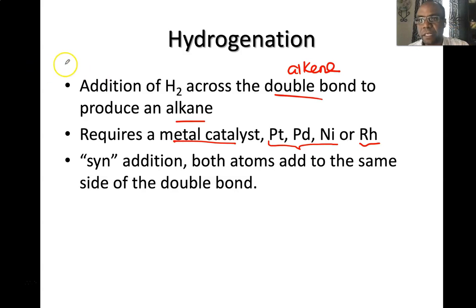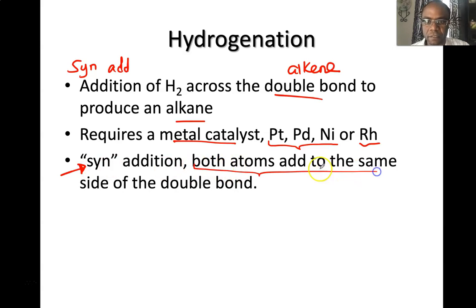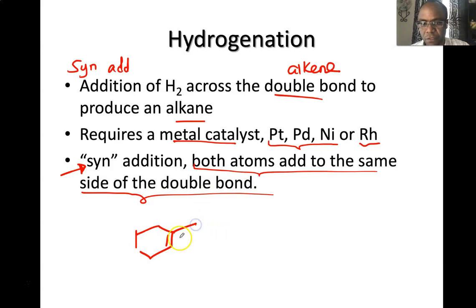It's still going to be adding in syn fashion. The two H's are added from the same side, so it's syn addition. Both atoms are added on the same face of the double bond. So to explain that, for example, if you have this molecule and you're adding hydrogen gas, the H-H bond is very strong, so you're gonna need some metal catalyst, either platinum, palladium, nickel, rhodium.